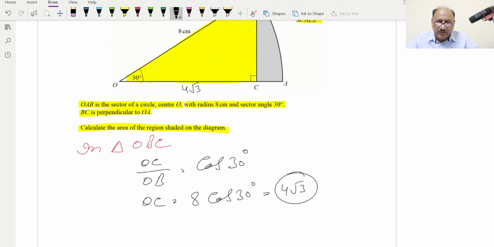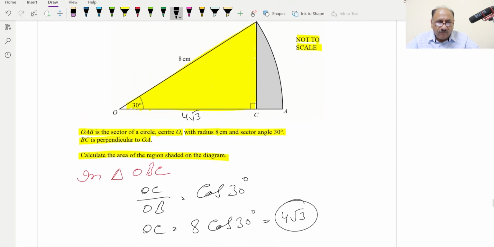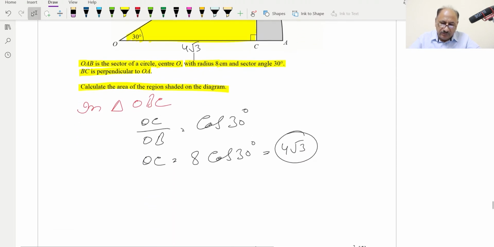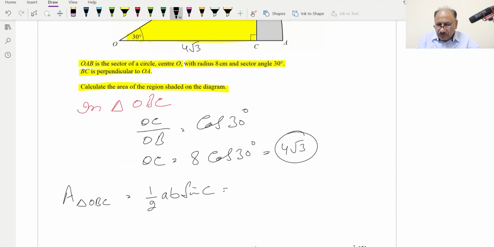Now we can find the area of the triangle. For the area of the triangle, we can use a half into AB sine C. So area of triangle OBC will be equal to 1 by 2 AB sine C. One side is 8, the other side is 4 under root 3, which we just found, and sine of the given angle, which is 30 degree.